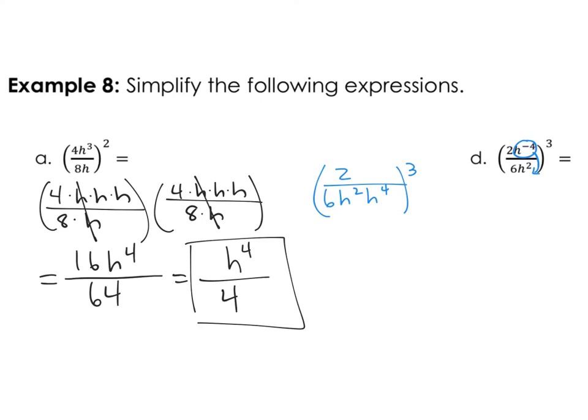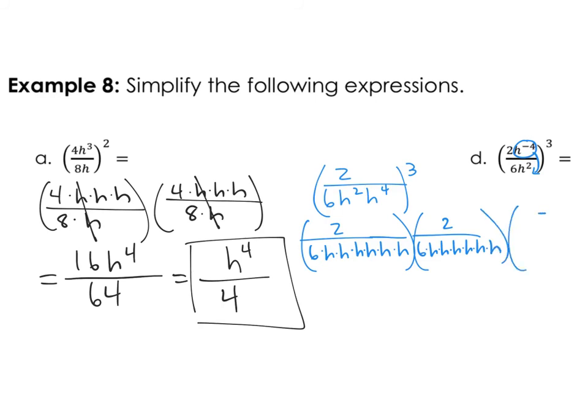So I'm going to write this all out. We have a 2 with a 6 and 1, 2 h's with 4 more h's on bottom. And that set of parentheses is happening 3 times. I'm going to do my best to fit this all in. Whew, I just fit it in.